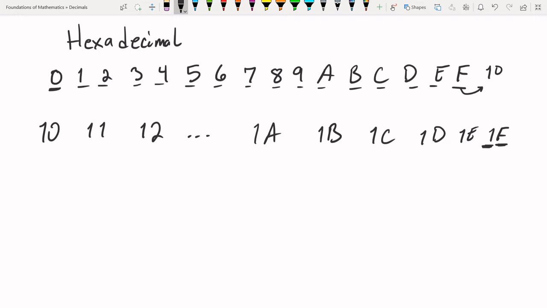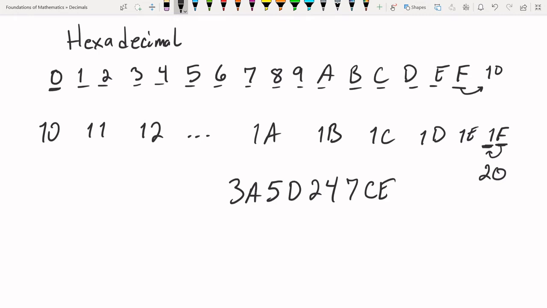And then when we add 1 onto that, it becomes 32. But that becomes a new place value, so we get 2, 0. And so on and so forth. So you can have numbers like 3A5D247CE.